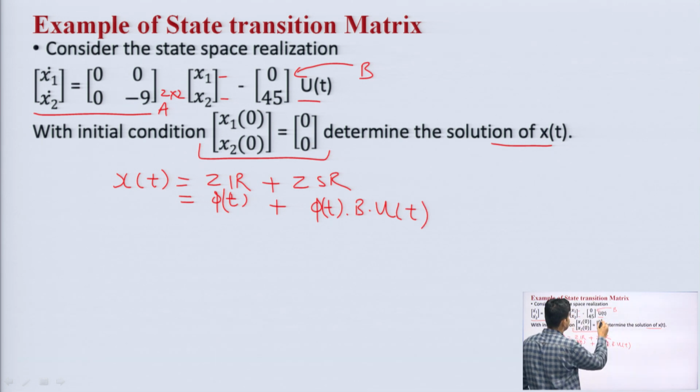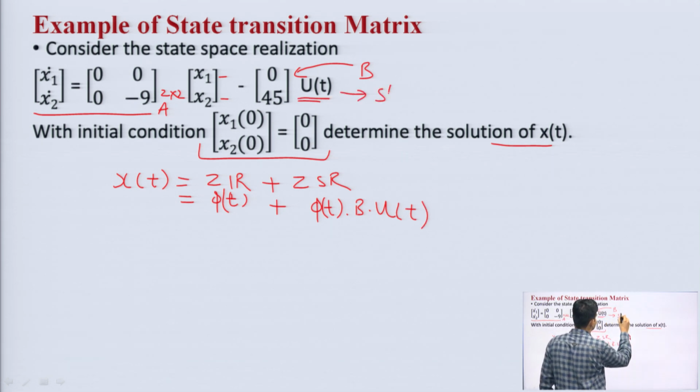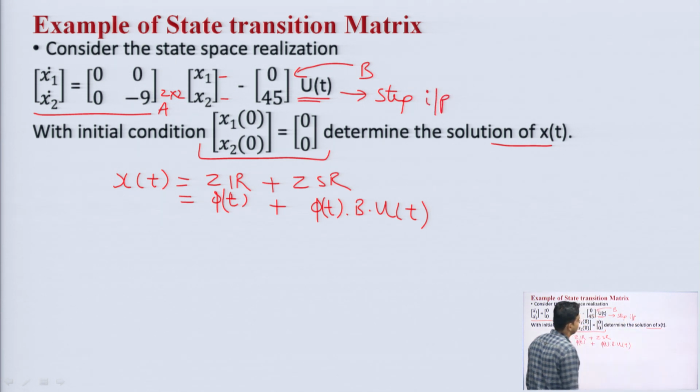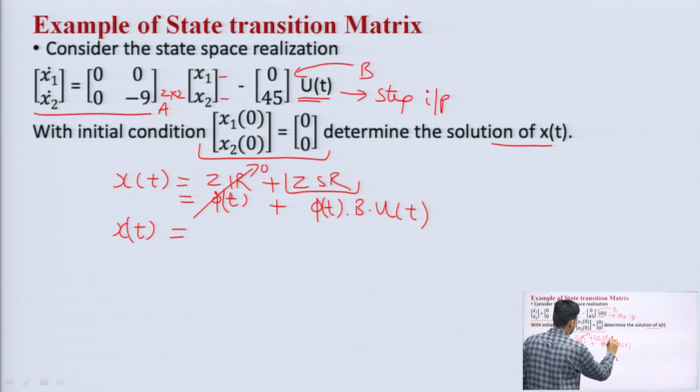In this question u(t) is a step input, as specified in the numerical. Since the initial condition is equal to 0, my ZIR response would be 0. It means my solution x(t) can be determined by only the ZSR, that is phi(t) dot B dot u(t).